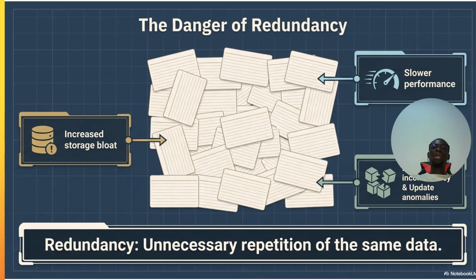So to avoid the issue of redundancy, that is when normalization comes in, so that we can create a table for each of the entities. When we create the table, we assign a primary key to each table, so that when we want to access information about that entity, we can use the primary key.